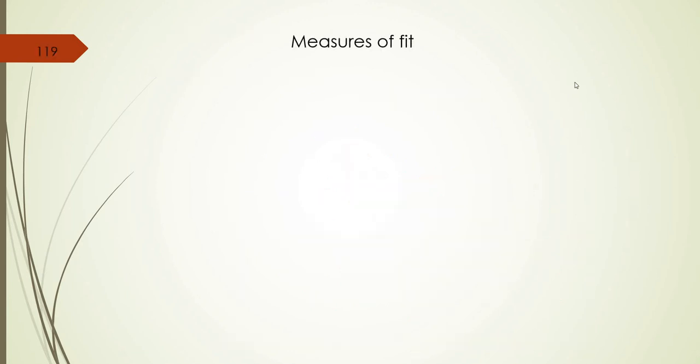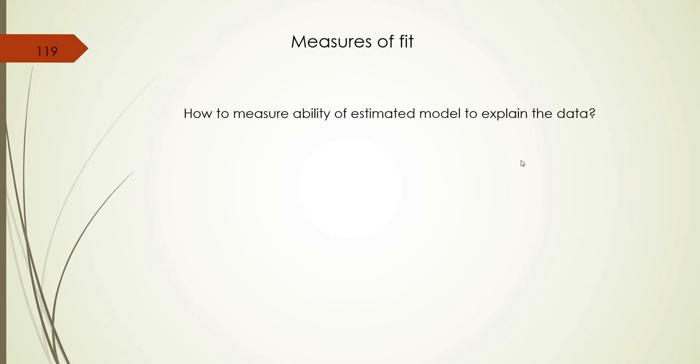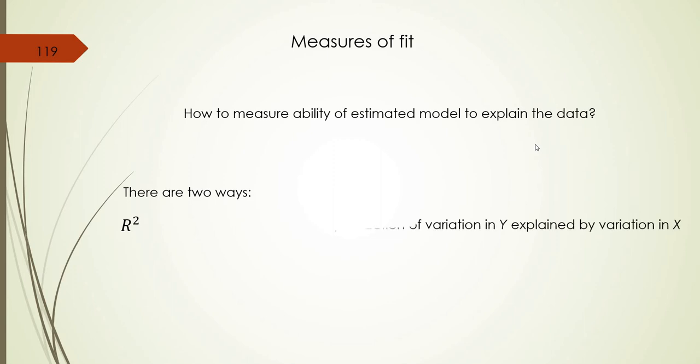The next title is measures of fit. It shows us how to measure the ability of the estimated model to explain the data. How good is our model? We have actually two ways. One is R-square, the so-called coefficient of determination, and it is explained as the fraction of the variation in y explained by variation in x.